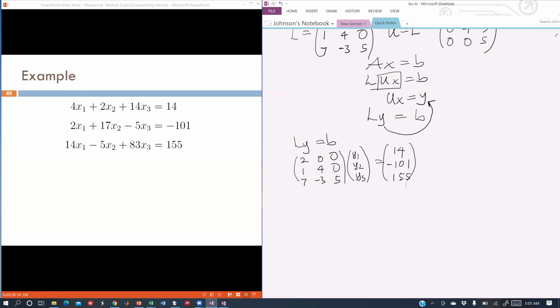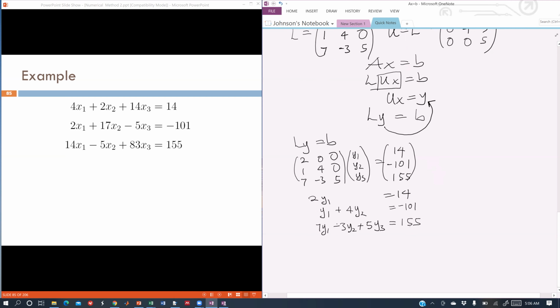And writing this into equations, we're going to have 2y1 is equal to 14, y1 plus 4y2 is equal to minus 101, then 7y1 minus 3y2 plus 5y3 is equal to 155. So this is what we have.